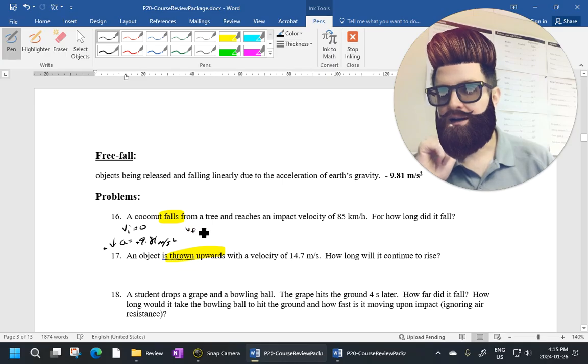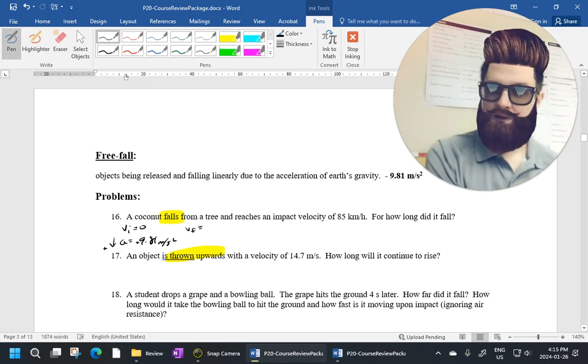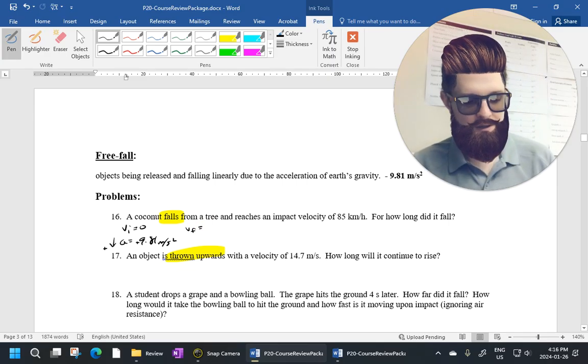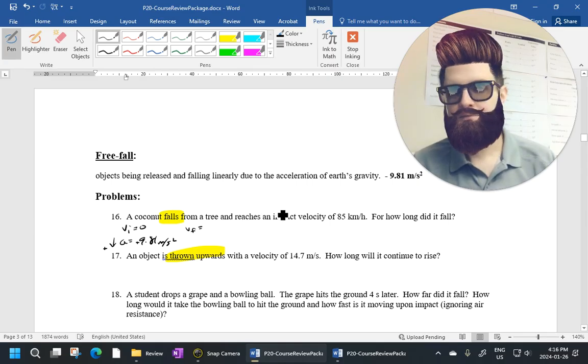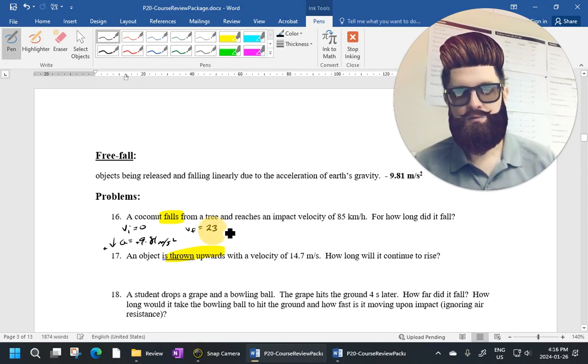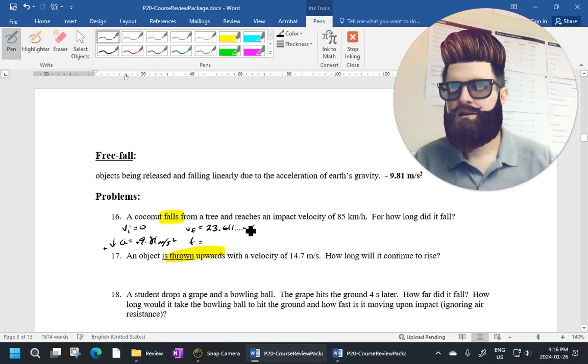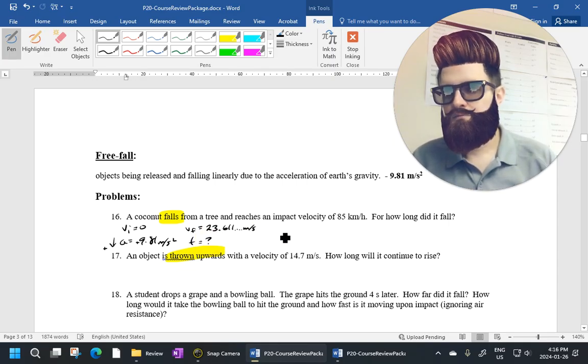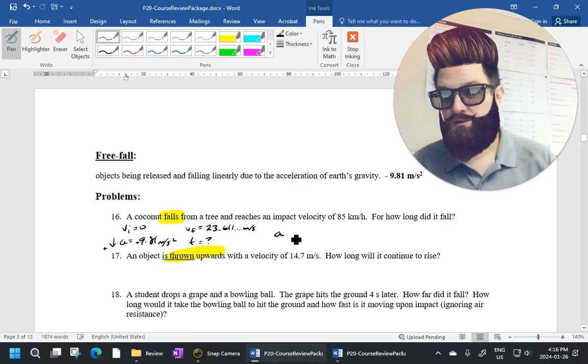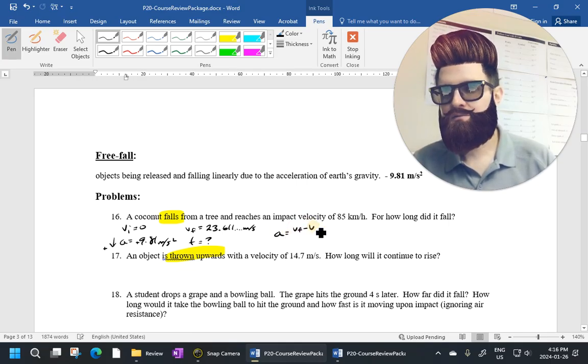Hits ground with a final velocity of 85 kilometers per hour. I'm just going to quickly change that into meters per second. Cool. How long did it fall? So a t question. So find a formula that doesn't have d in it. There's no displacement. So that's going to be my final minus my initial over time formula.